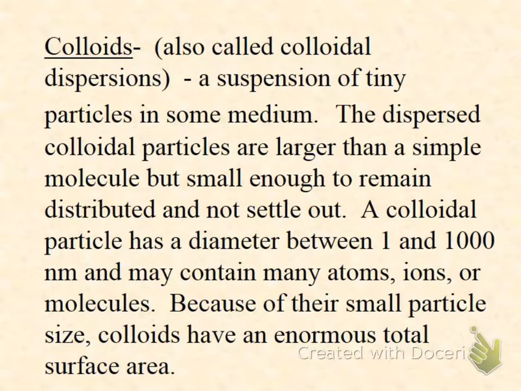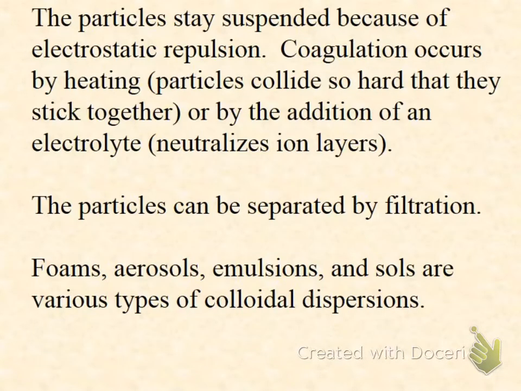We call the solvent the dispersion phase, and then the dispersed phase is going to be your particles. They're usually between 1 and 1,000 nanometers, and because of their small size, colloids have a very large surface area. The particles stay suspended because of electrostatic repulsions.